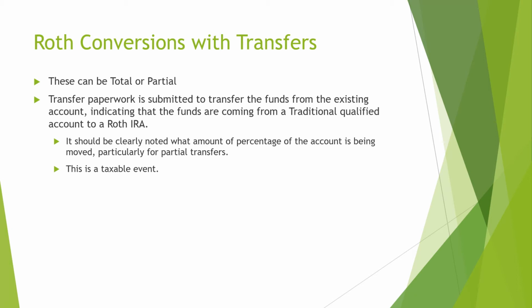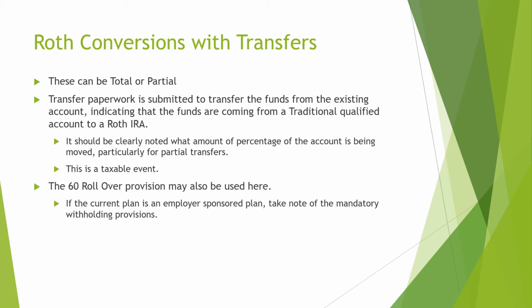Now, this should be clearly noted, the percentage or the dollar amount that you're planning to move. If you mark the wrong box and they do a complete Roth conversion or a complete transfer, it can really mess up their tax planning. Again, any portion moved over will be a taxable event.